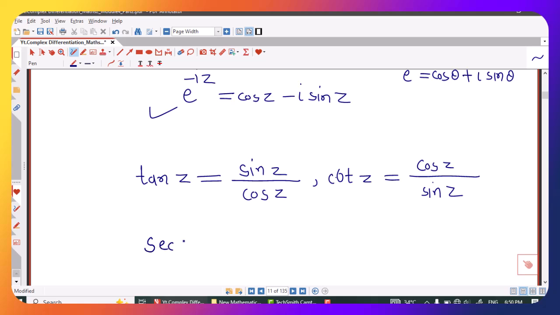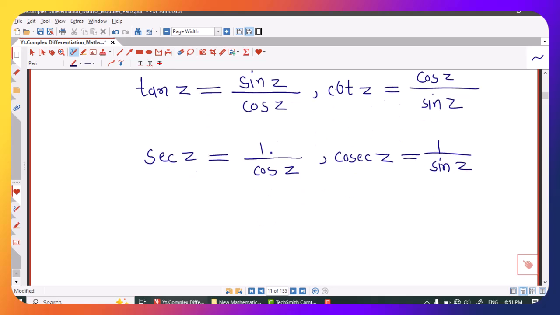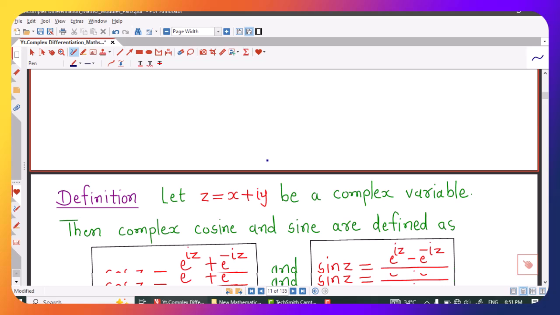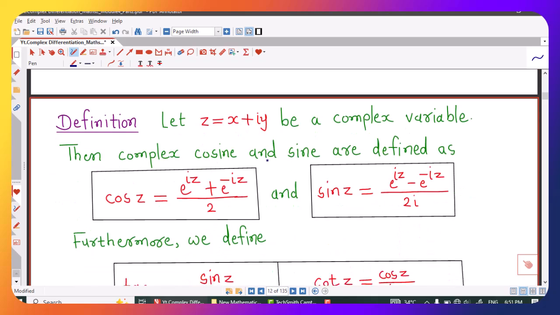Sec z is defined as the reciprocal of cos z, and cosec z is defined as the reciprocal of sin z. These are the definitions of the other trigonometric complex functions, and they are similar to the definitions in the case of real trigonometric functions. So they can ask you to write down the definitions, and you can write them systematically.